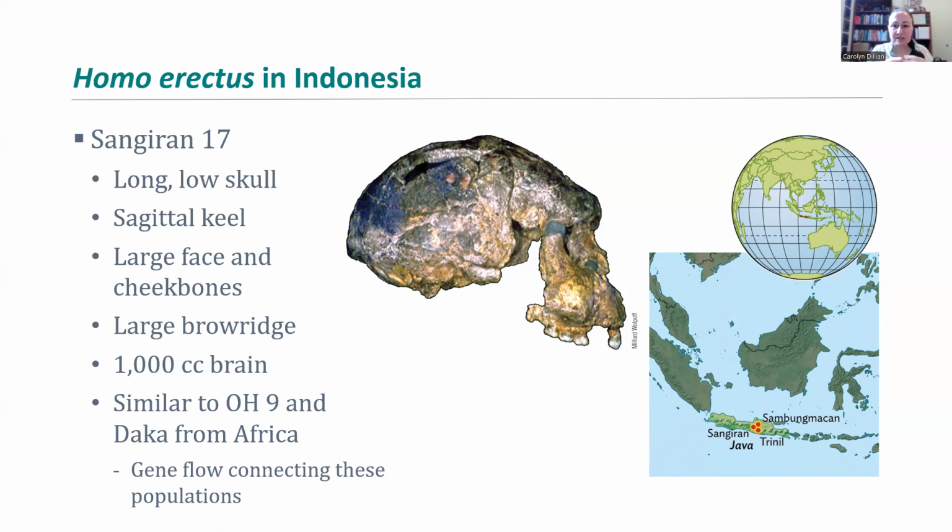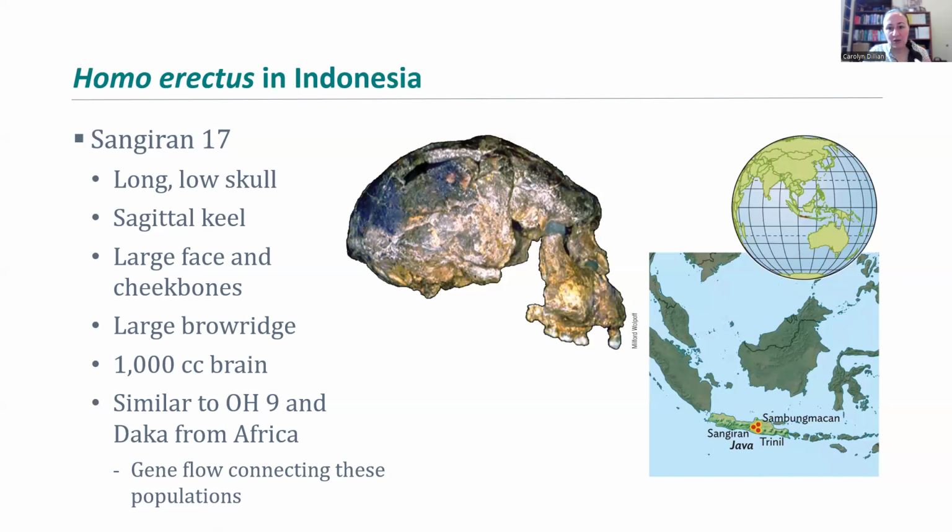It also has a relatively large face with big cheekbones, and it's still very prognathic. This specimen has a large brain. It's about 1,000 cubic centimeters, not quite in the range of modern humans, but certainly much bigger than Australopithecus and much bigger than some of the early Homo erectus species.